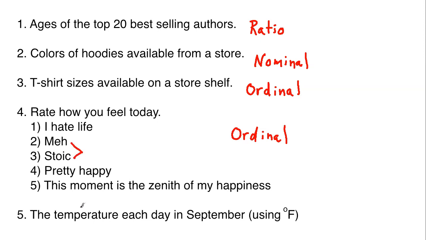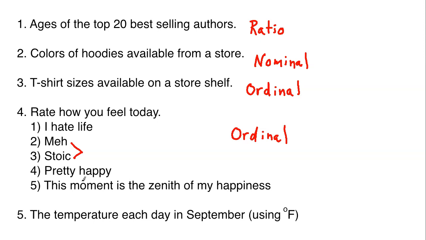If I look at those two, I can't say, well, here is the actual numerical difference between meh and stoic. It is 5 happiness units, right? It is 7 happiness units. No such thing exists. So we can say it's ordinal because we can say, well, person at 1 or 2 is not happy, while person at 4 or 5 is very happy. That's all that we can really do with it. We can put it in a specific order.